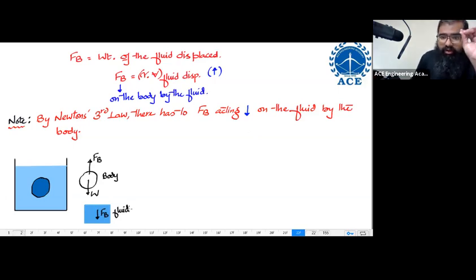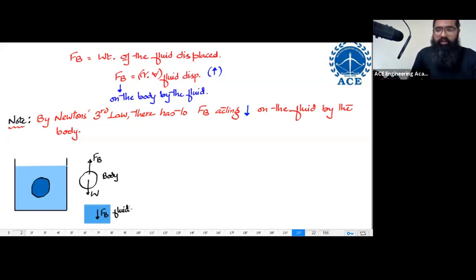If it is not clear, then please don't straight away worry about things. Just go through Newton's third law once. The problem with Newton's third law is it looks simple. It looks very simple because everyone, even if you go to an arts class or humanitarian class and ask them what is Newton's third law, they know the statement: for every action there is equal and opposite reaction.